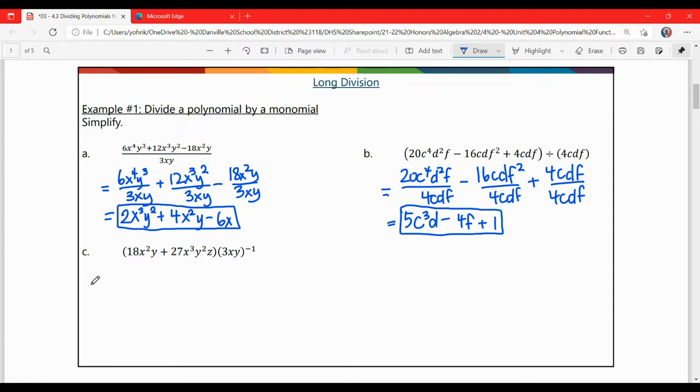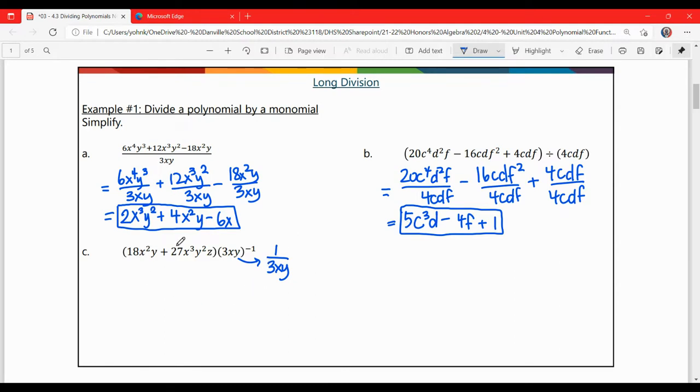All right, finally, letter C looks completely different than A and B. However, it is the exact same thing. Remember, this 3xy to the negative first power, I can write that as 1 over 3xy to the first power. That's how negative exponents work. So technically, we have this binomial times this fraction, which is really the same as division.